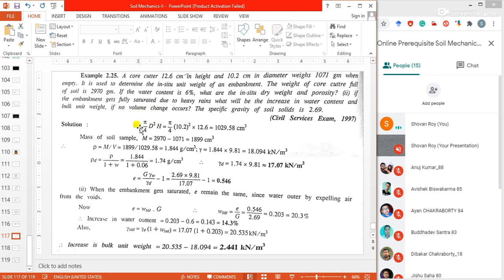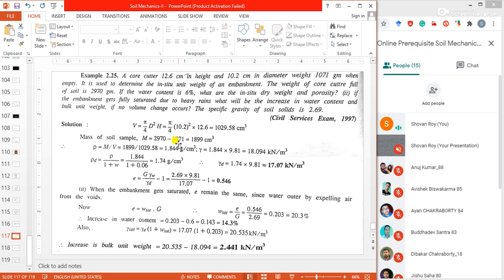I am talking about this because some of us normally follow the conventional equation we were taught in school. In school we studied that area is pi r square normally.